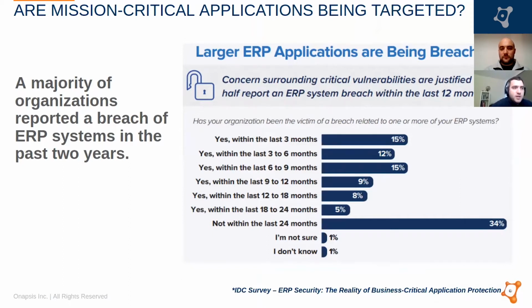What's happening, right? Well, we always talk about vulnerabilities and we always talk about risk, but risk is built on top of two components: probability times impact. Now, thinking about SAP applications or ERP applications in general, no one would argue about the impact.